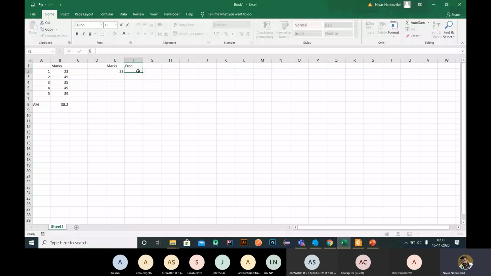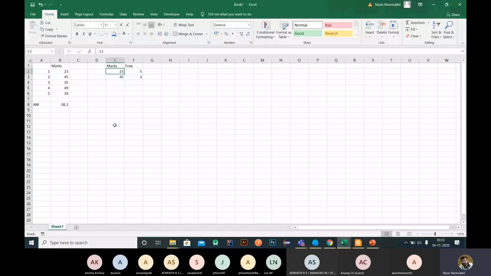And we can say the mark 45 is repeating 3 times, so the frequency is 3. So this is the same as 23, 23, 23, 23, 23, five times, and 45 three times. Both are the same, right?